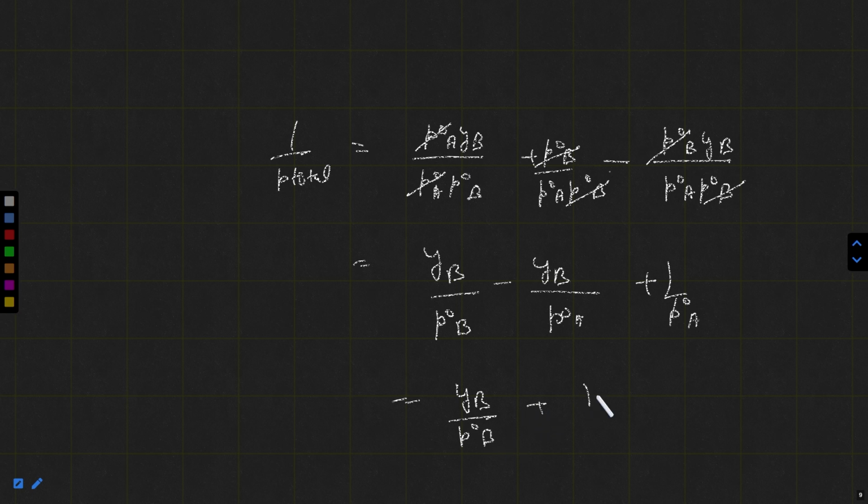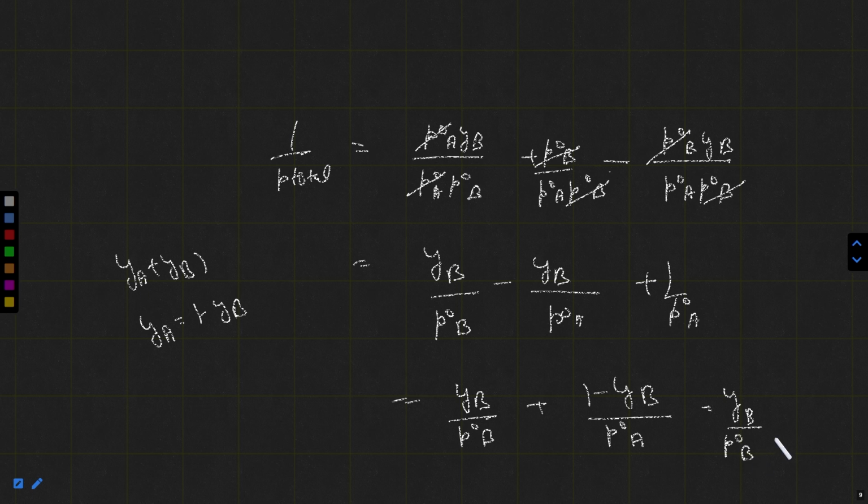So if you write it, we can write it as 1 minus YB by P naught A. You know that YA plus YB is equals to 1, so we can write that YA is equals to 1 minus YB. It is very clear from the start. So the final equation will be YB by P naught B plus 1 minus YB, which is YA, so YA by P naught A.